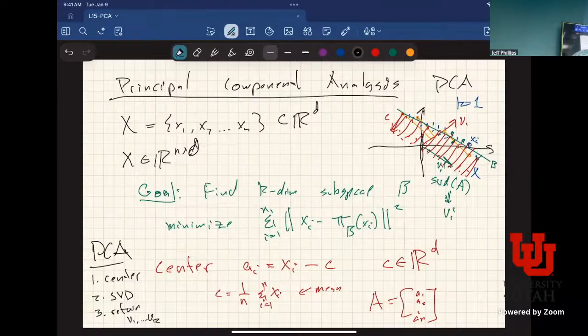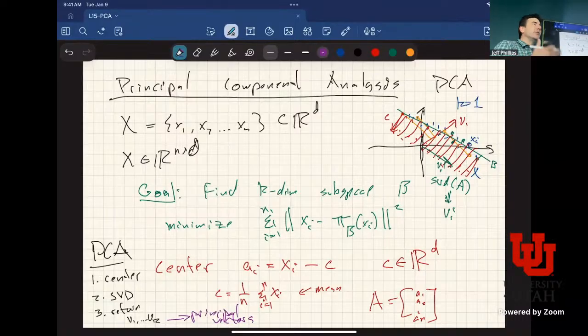These are now called the principal vectors. And the corresponding singular values of these centered data points are the principal values instead. This is different, and it can make a very big difference in some data sets.